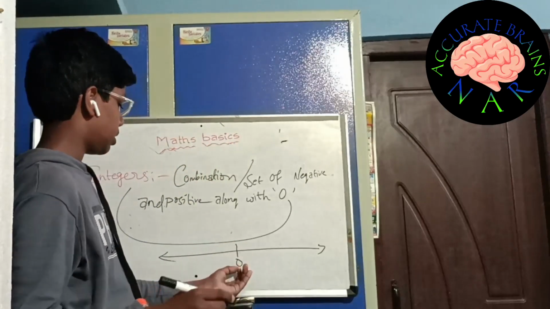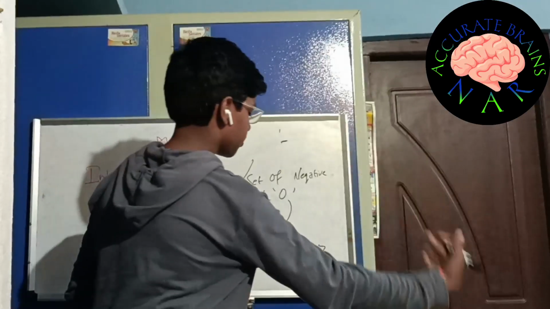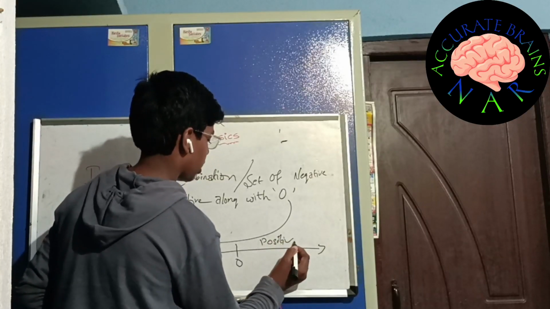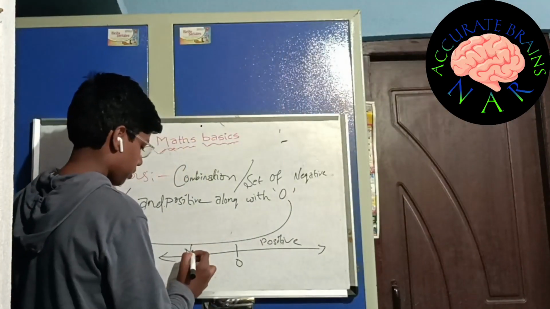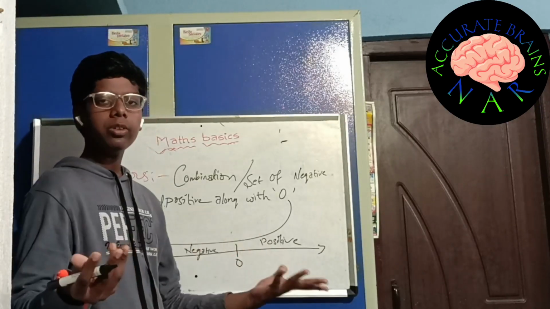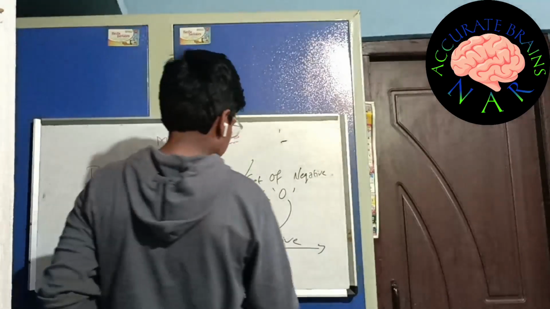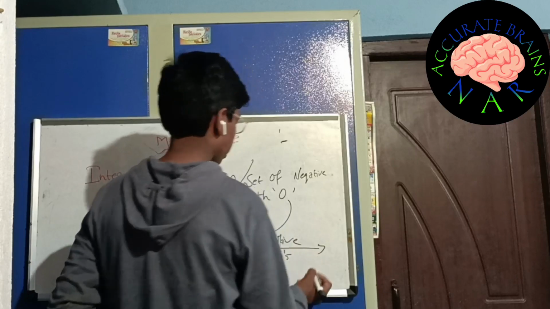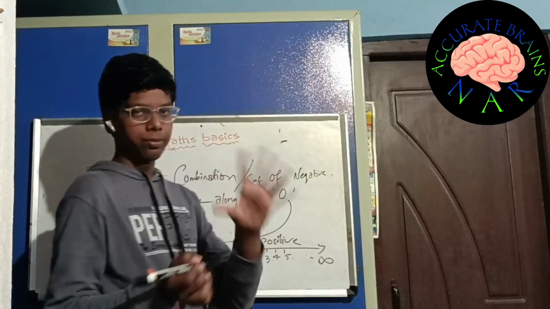The right side of this 0 is known as the positive side, and the left side of this 0 is called the negative side. In the positive side we contain natural numbers or counting numbers: 1, 2, 3, 4, 5 and so on up to infinite.